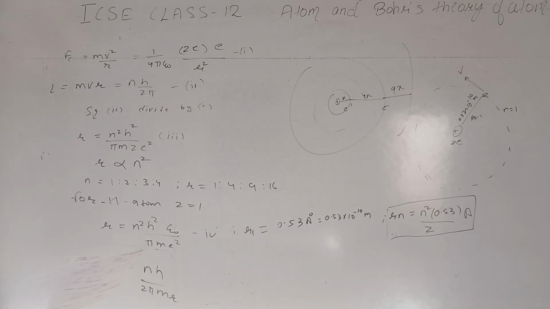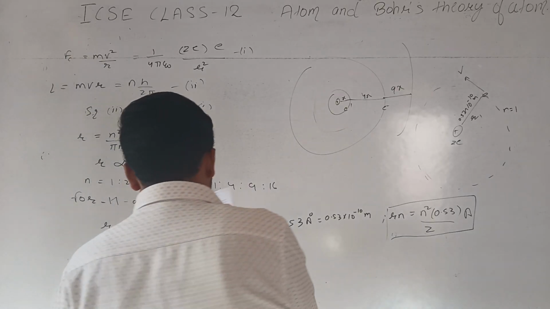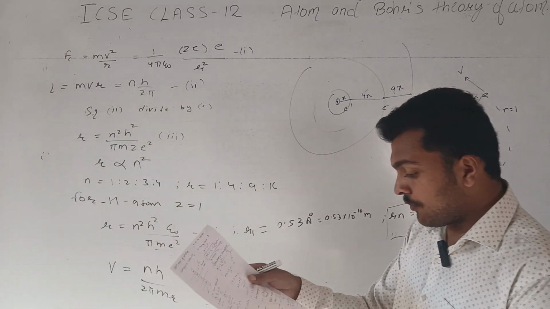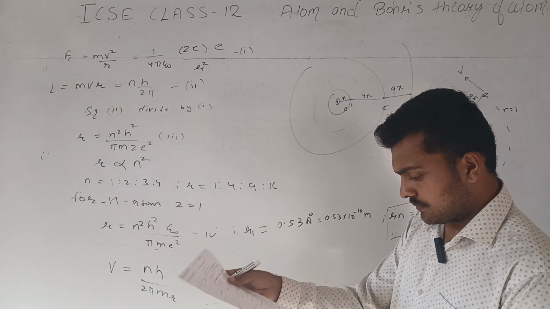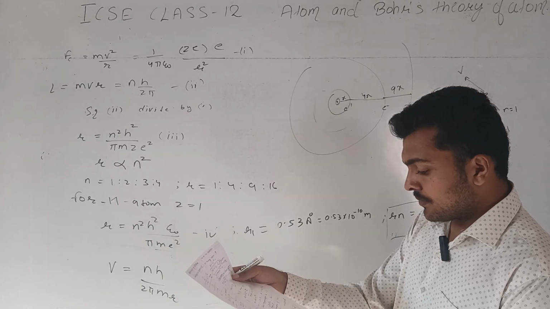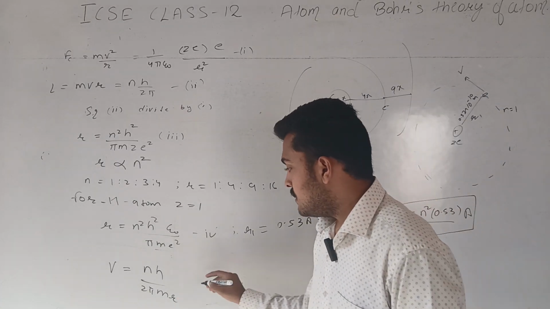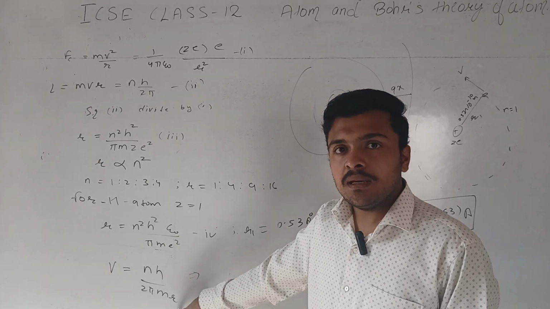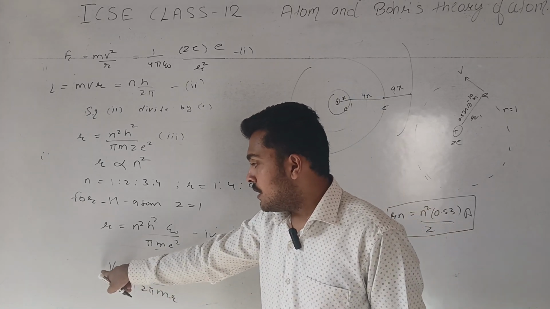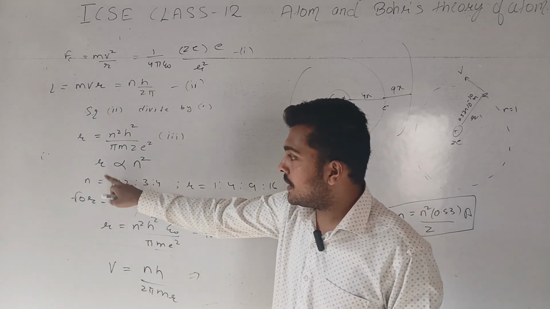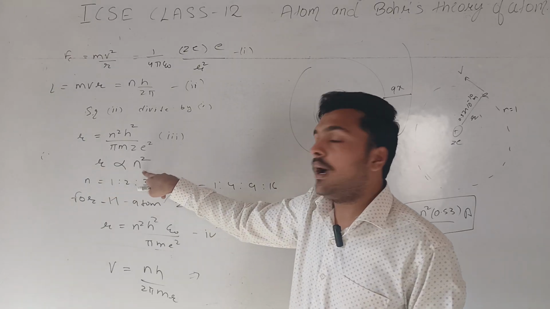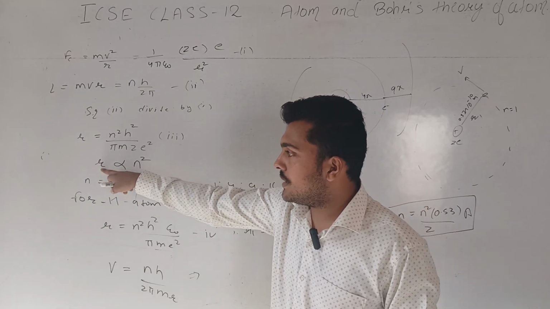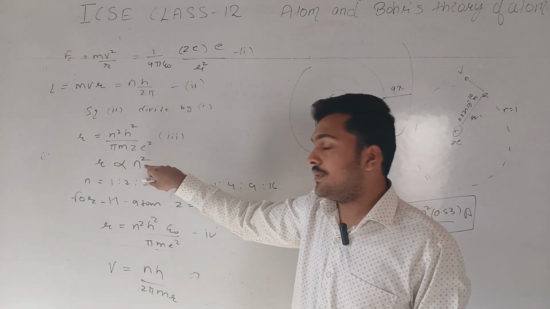From here we also want to know a relation. Now we want to put the value of r here. Why? Because, as we have seen, we know the relation between r and n, how r is changing with n.